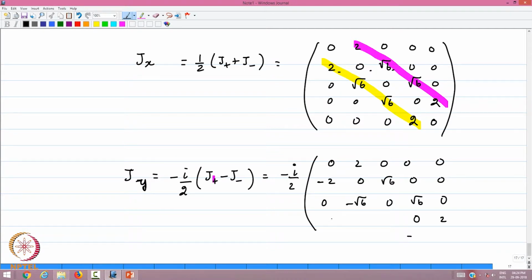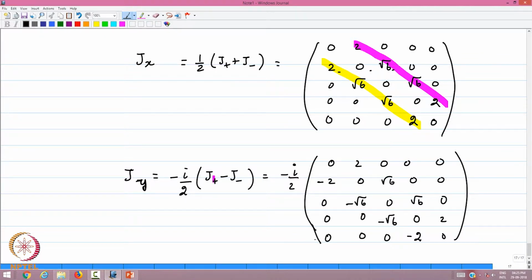Let me write the fourth one. This is 0 0, this is 0 0, and then you have 1 2 3 4 5, all these things are there. So, you have root 6 0, and you have a root 6 here with a minus sign, and you have a minus 2 here, and this is what you will get.